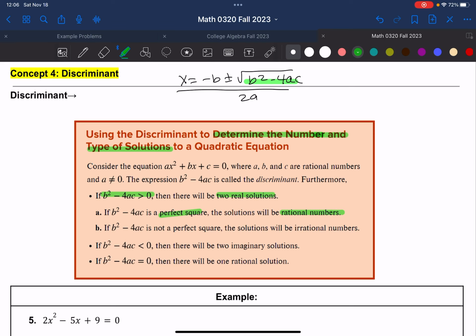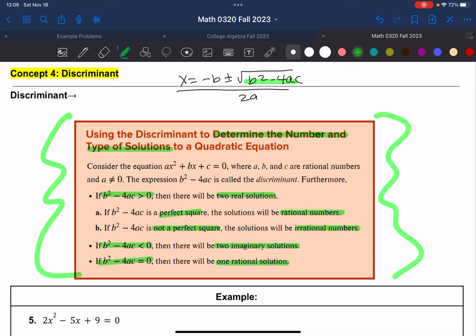If it's not a perfect square, then it will be two real irrational numbers. If our discriminant is negative, we'll have two imaginary numbers. And if our discriminant equals 0, we'll only have one real rational solution. So this is a good chart to have with you on the test.